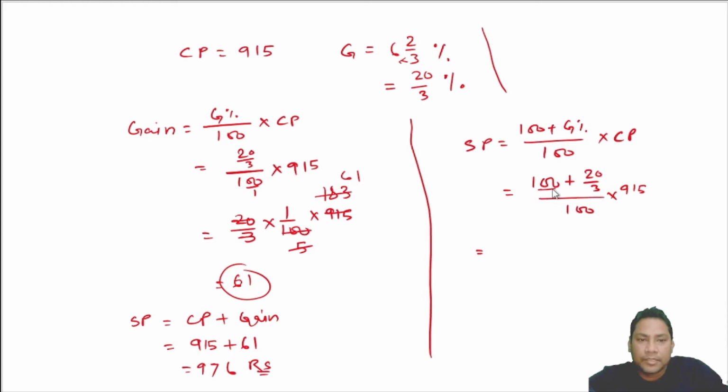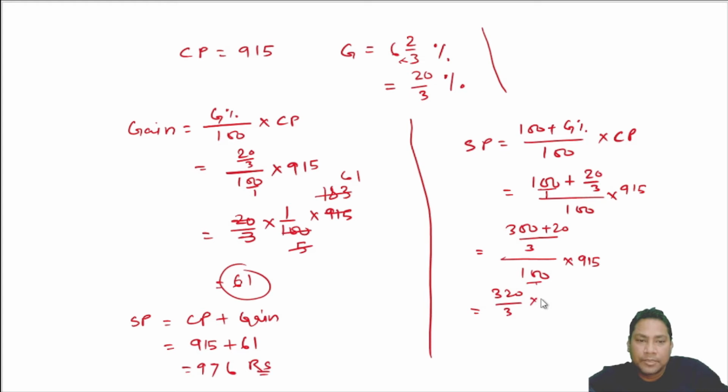So there we can take 100 by 1 and the LCM will become 3. 3 multiplied by 100 becomes 300 plus 20, divided by 100 multiplied by 915. This will become 320 divided by 3.